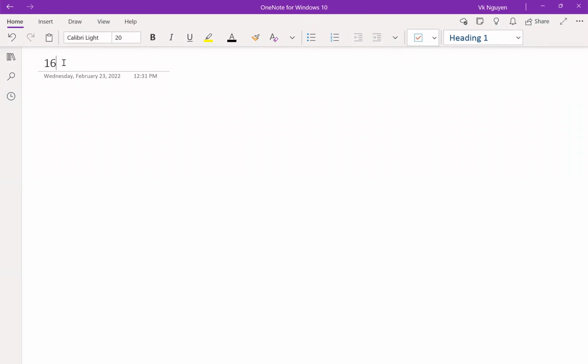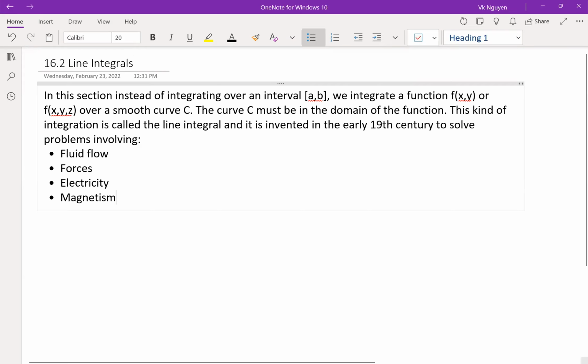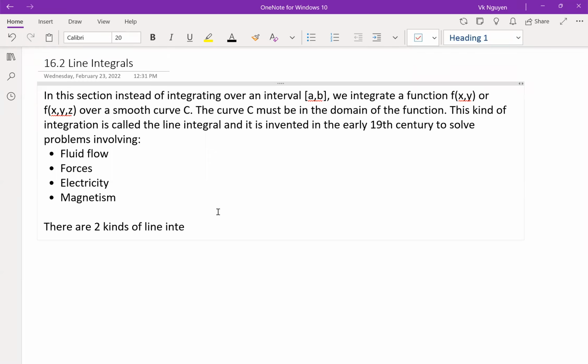Welcome to section 10.2. It's the line integral. There are two kinds of line integral. One of them is the line integral for a scalar function.